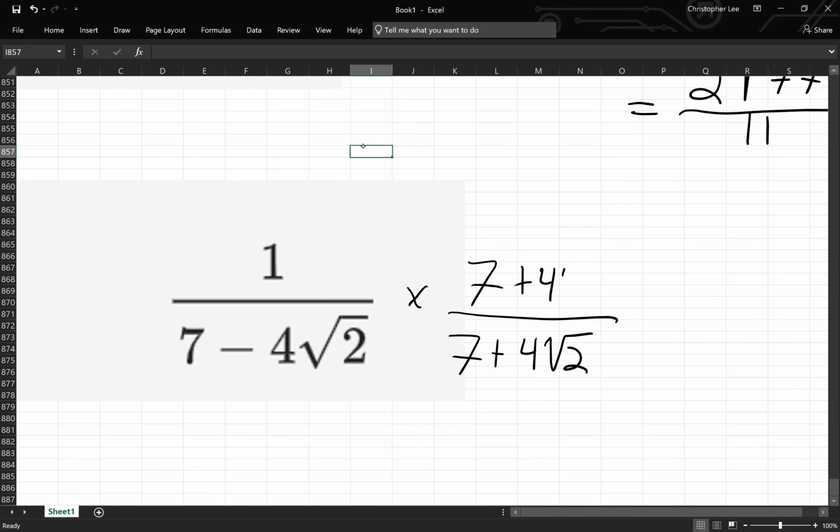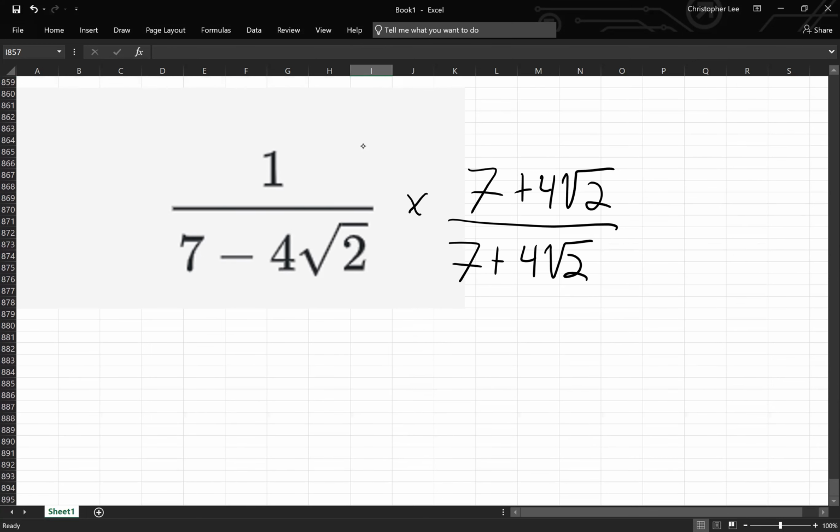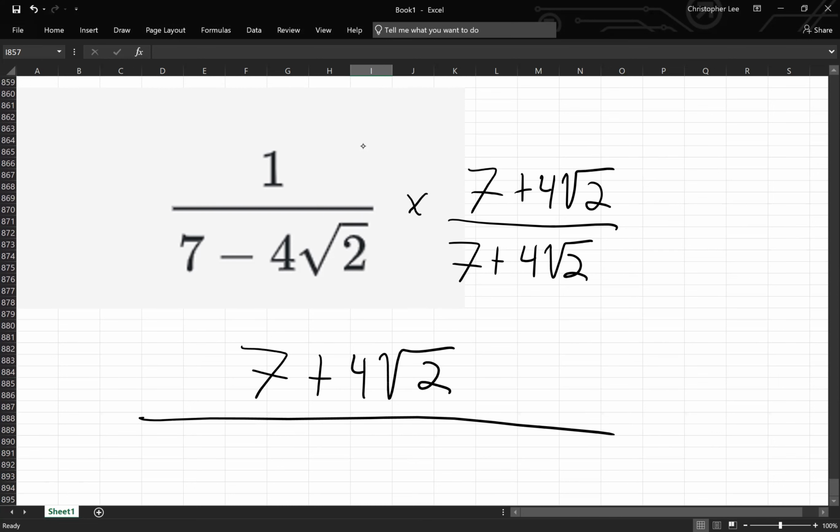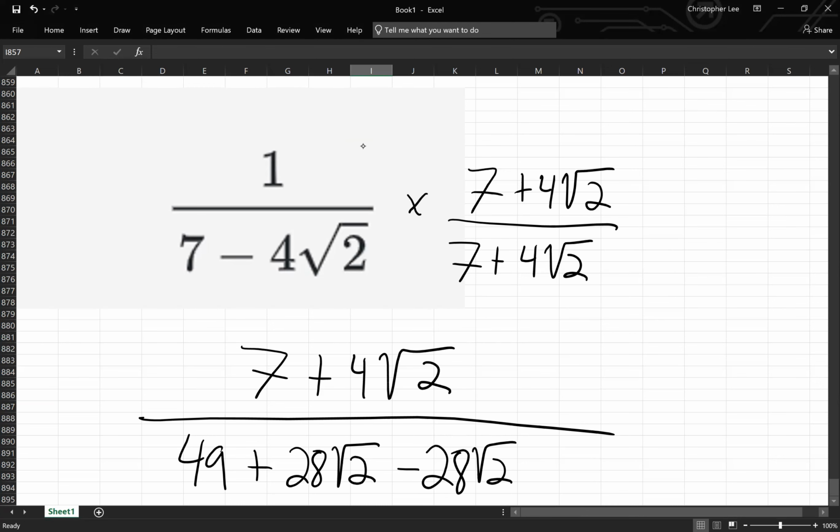And then just distribute. It's that simple, right? Top is going to be 7 plus 4 square root 2 over 7 times 7, 49, plus 7 times 4, 28 square root 2, minus 28 square root 2. And then negative 16 times 2, something like that.